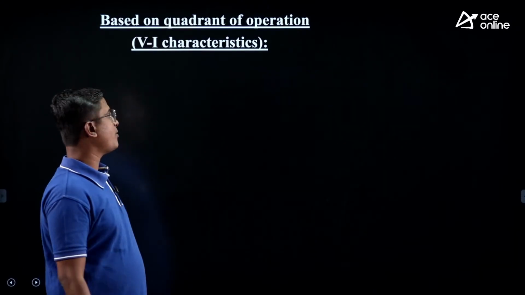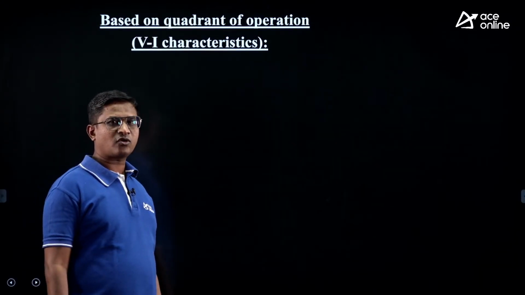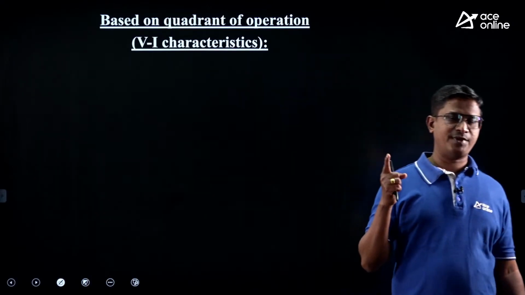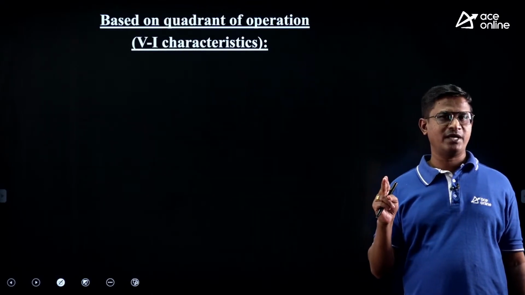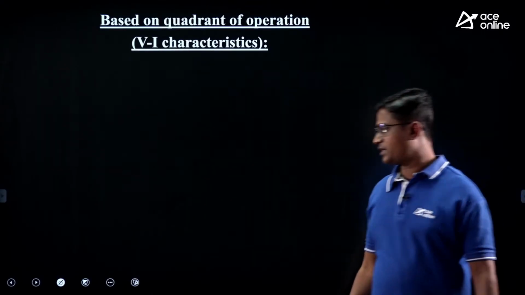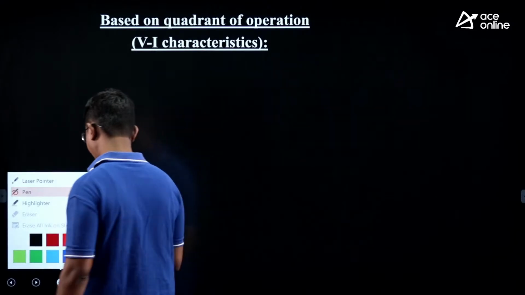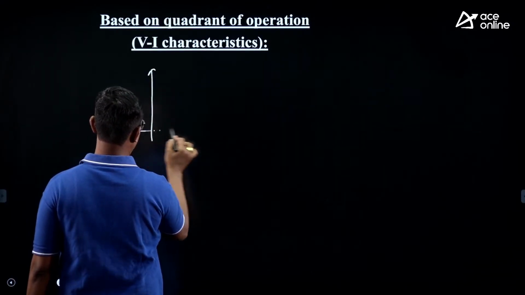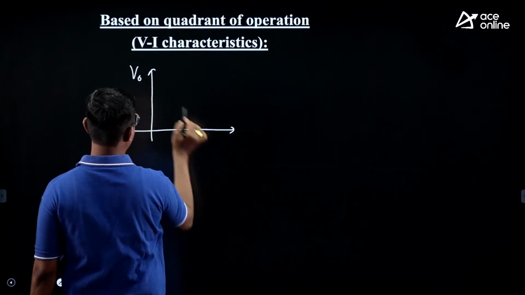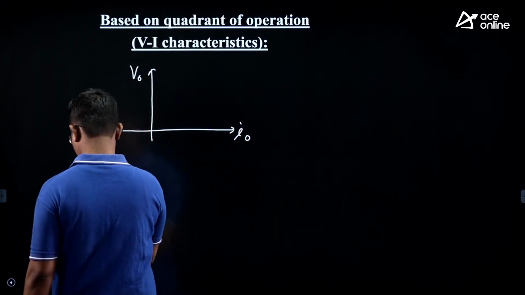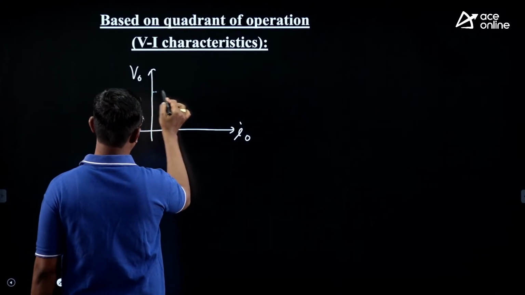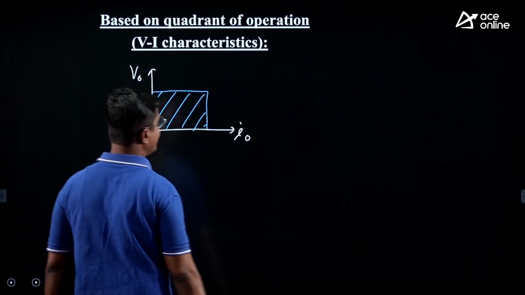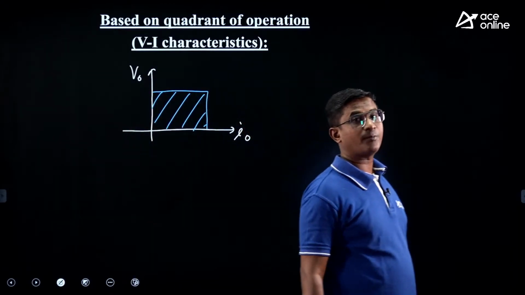Next, based on the quadrant of operation. Based on quadrant of operation, there are various types: single quadrant rectifiers, two quadrant rectifiers, and four quadrant rectifiers. So, single quadrant: in these rectifiers, output voltage and output current are both always positive. V0 and I0 are positive.